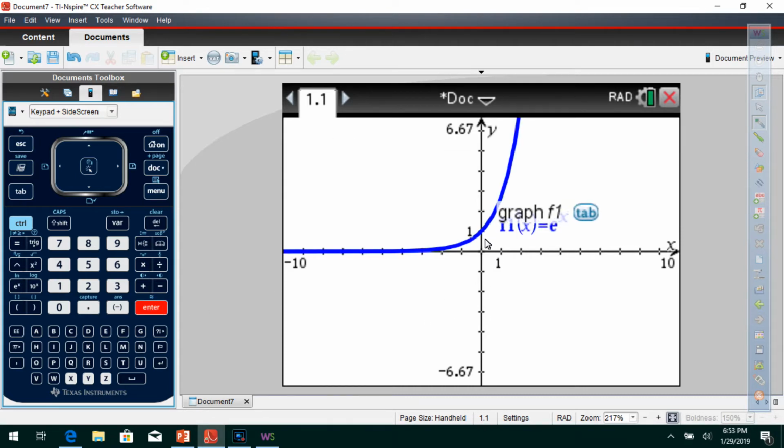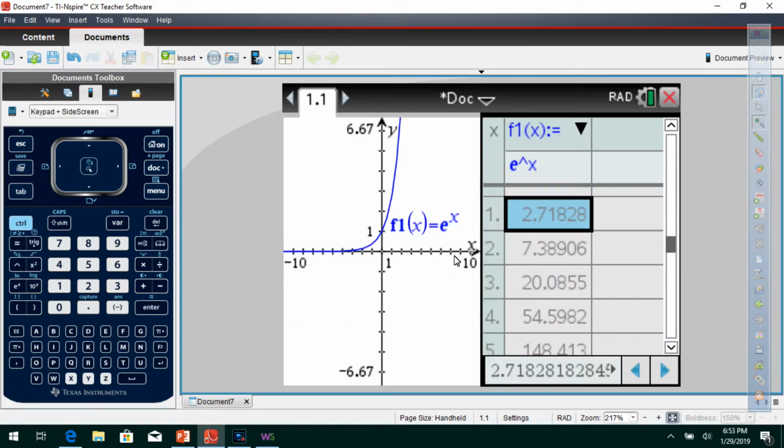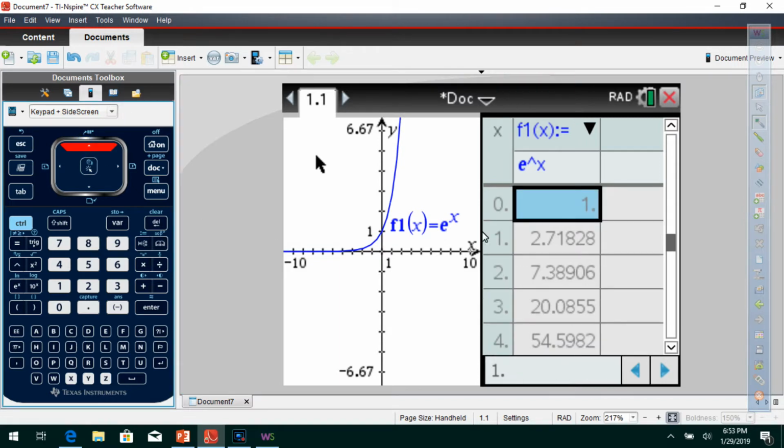It goes through 0, 1. It goes through 1 on the y-axis. And then at x equals 1, it's 2.718, or E. And then it just goes on and on and on up.